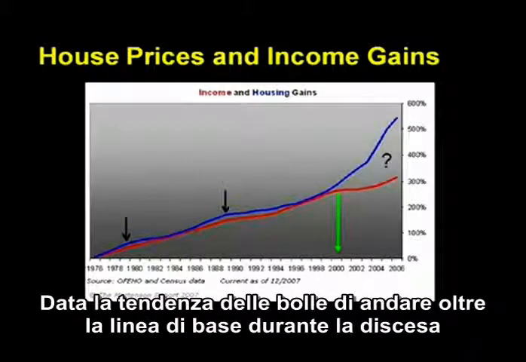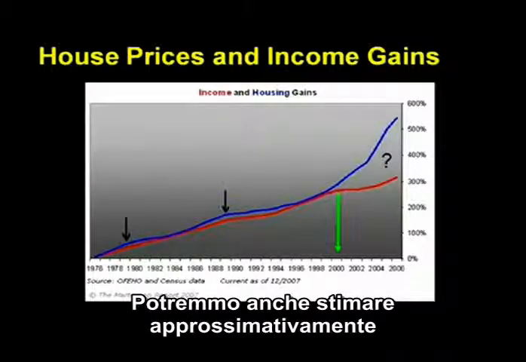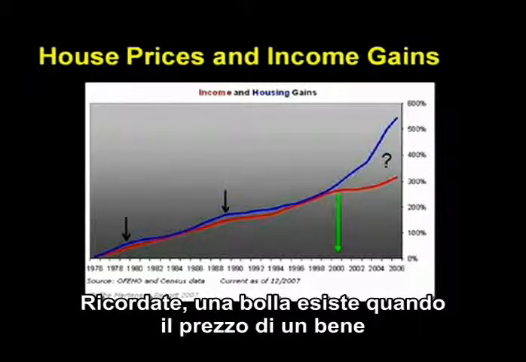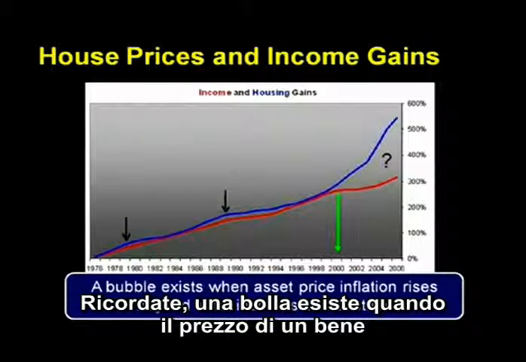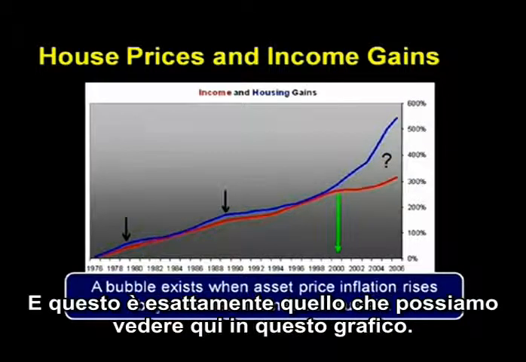Given the propensity of bubbles to overshoot to the downside, we can't discount that a 40% or even 50% decline is in the cards. Here we might also guesstimate that house prices would bottom somewhere in the vicinity of 2012 to 2015. Remember, a bubble exists when asset price inflation rises beyond what incomes can sustain. And that's exactly what we see in this chart.